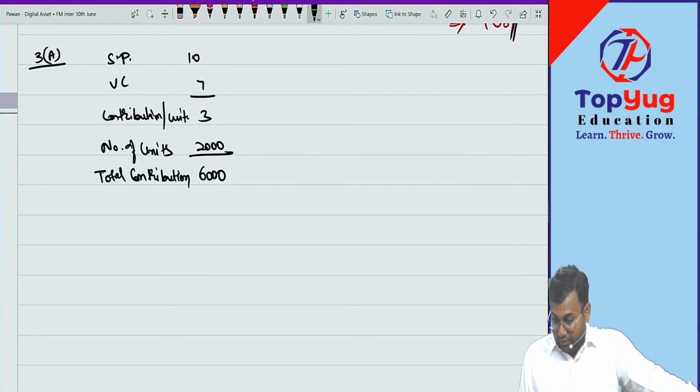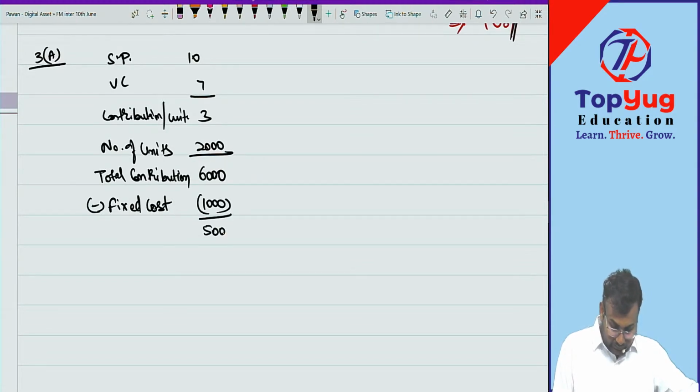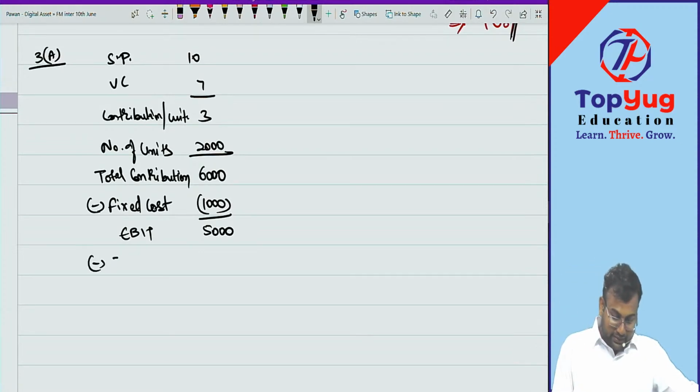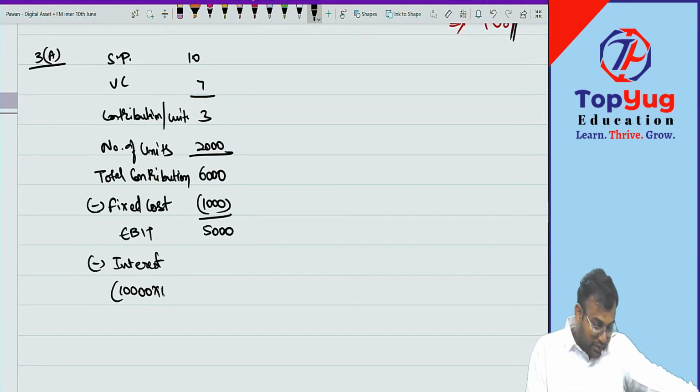How much is my fixed cost? Yes. Am I supposed to minus interest now? How much is the interest? 10,000, that is total debentures which are being raised at a rate of 10%, so that should be 1000 rupees.